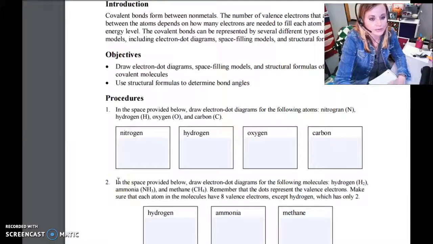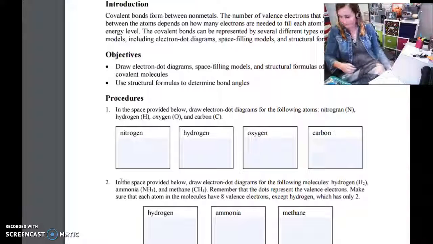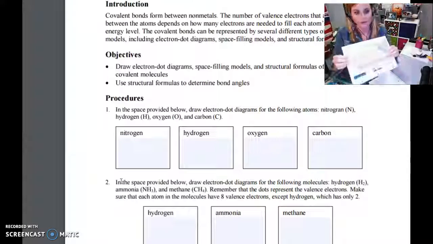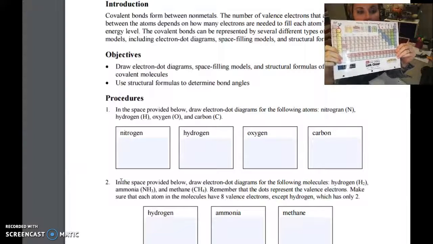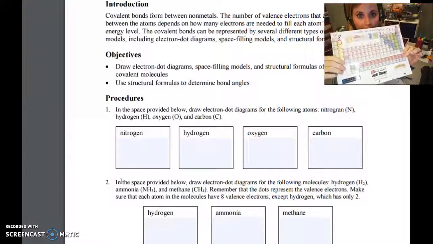It talks about Lewis dot structures of just specific atoms to begin with. And if you remember, I mentioned to you during one of my last videos that you can figure out how many valence electrons are found in a particular atom just by using your periodic table.